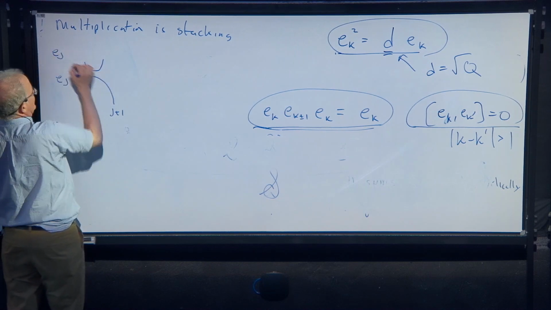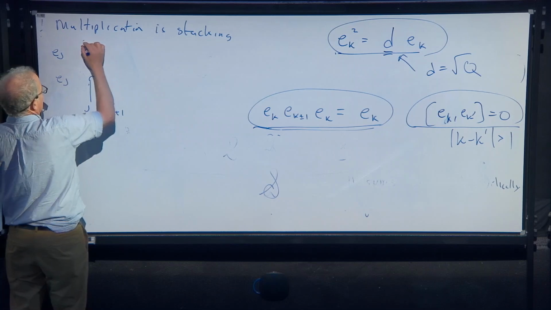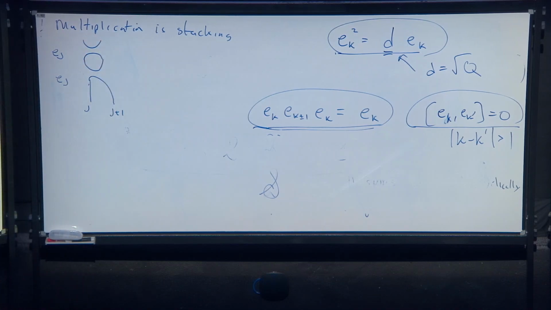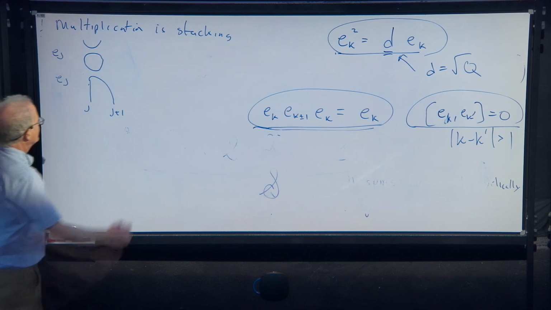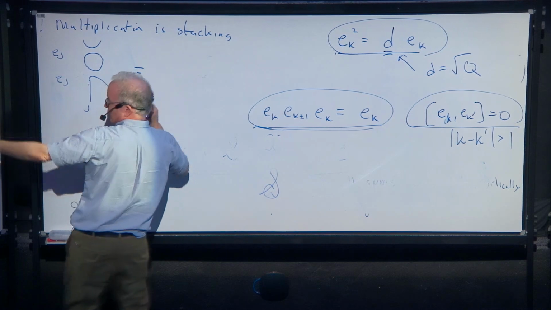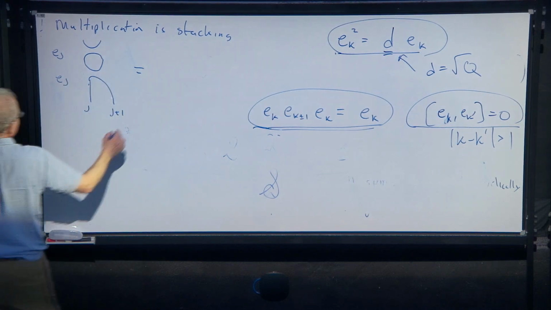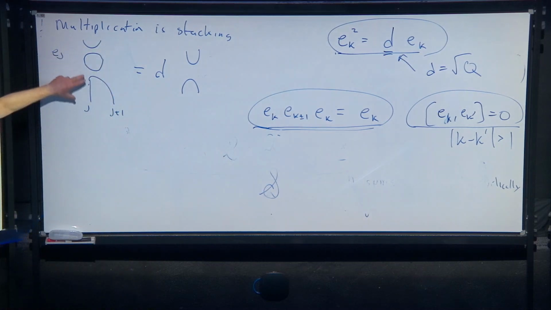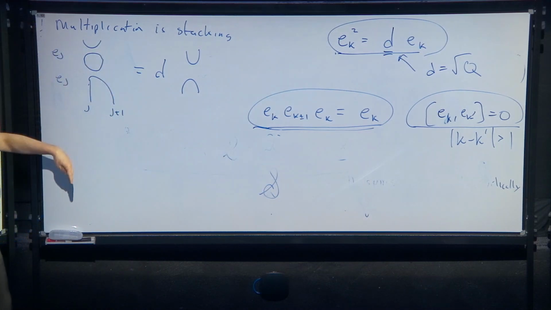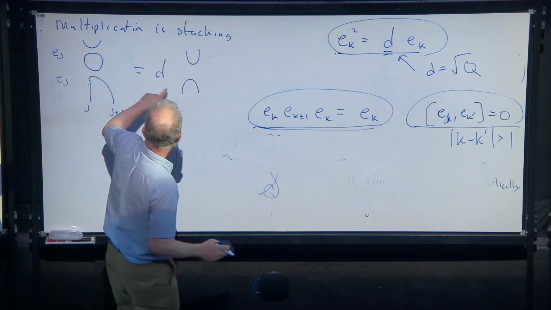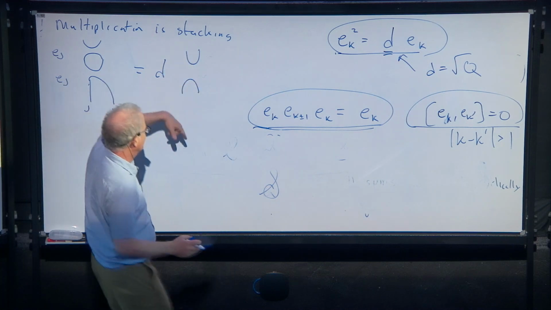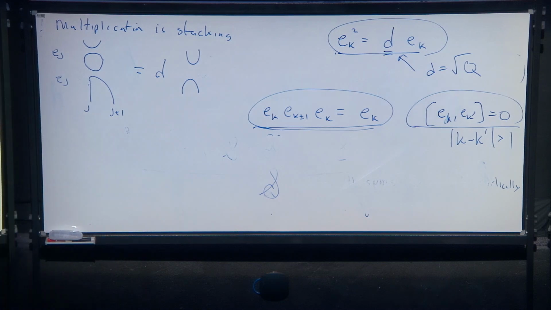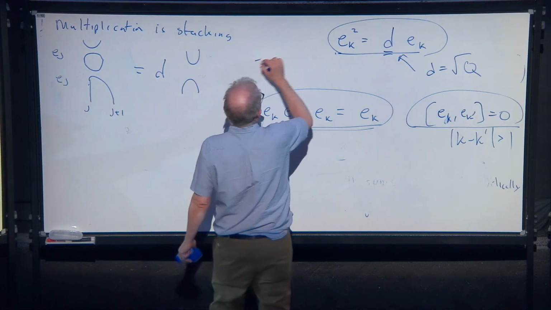But then I do EJ again, and I just stack the two on top of each other. And I just said, by definition, I can then get rid of that. So I identify the two things in this big space of all the pictures I can draw, this big vector space. But then the catch is I have to multiply that element of the vector space by D. So that's how I realize the first temporally Lieb relation.